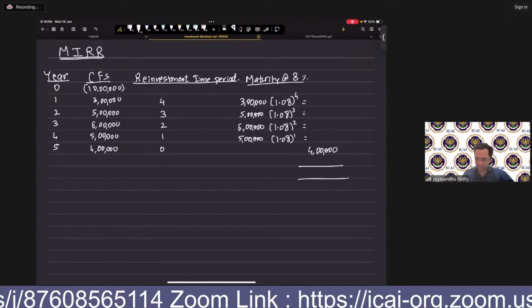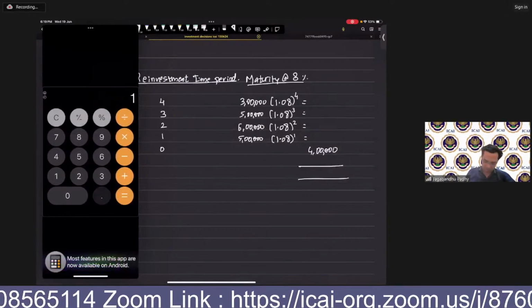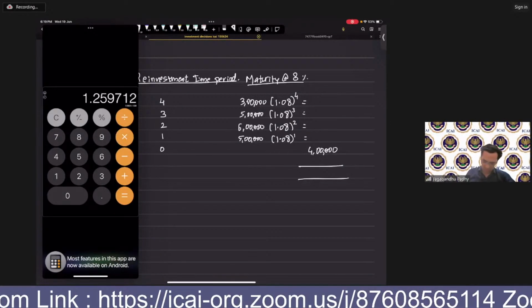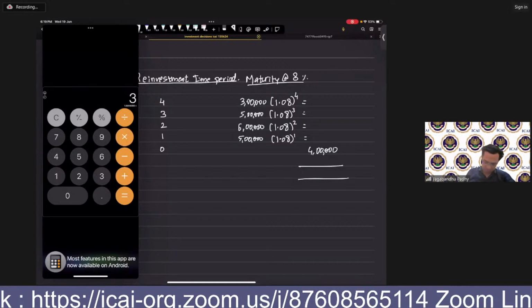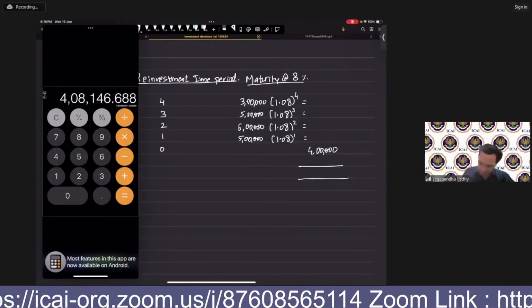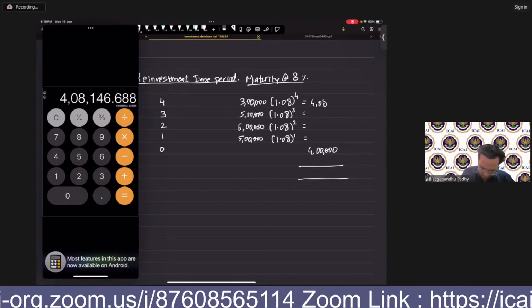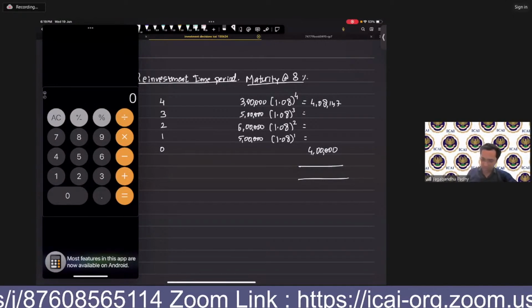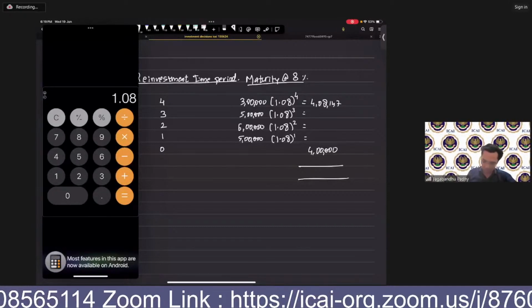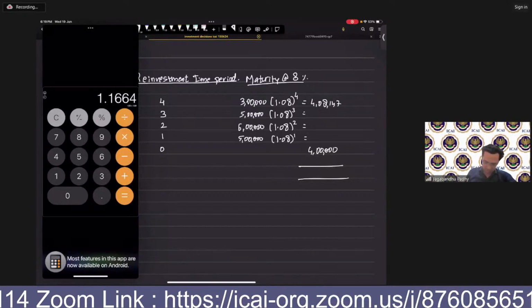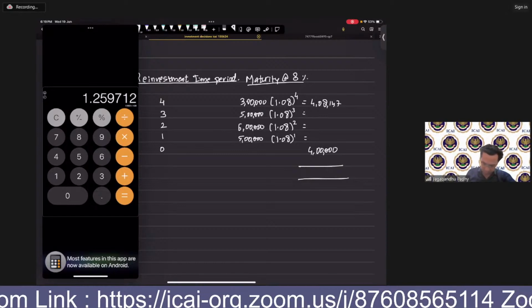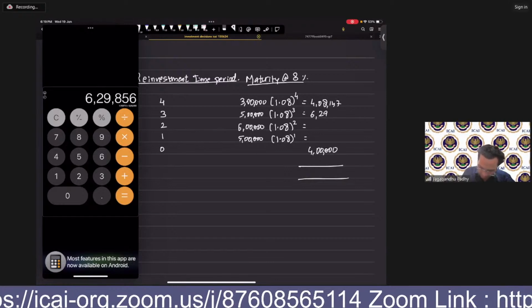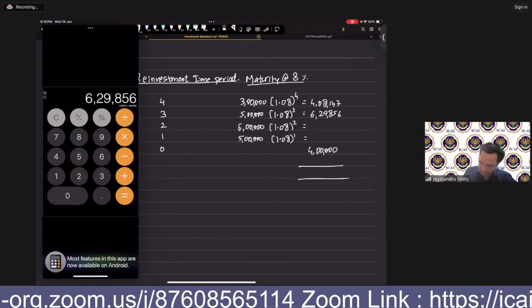Now, let me just get the values of the maturity over here. 1.08 raised to 4 into 3 lakh makes it 4 lakh 29,856. Then for the second year cash flow which you have reinvested, that will be 1.08 cube into 5 lakh, which will make it 6 lakh 29,856.